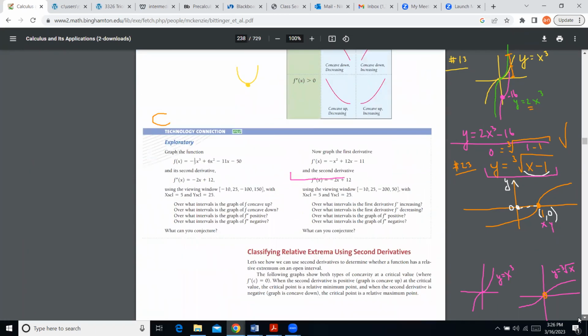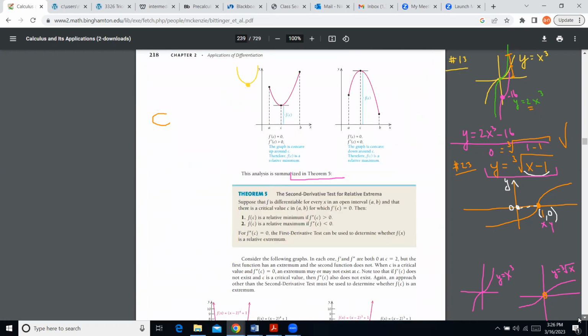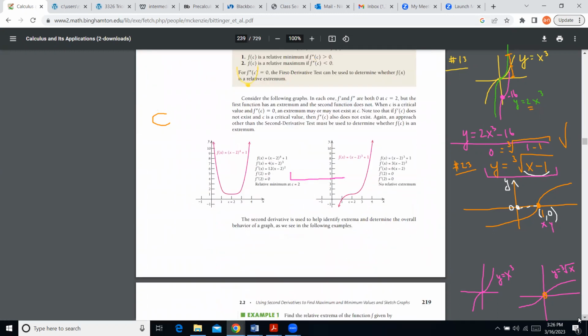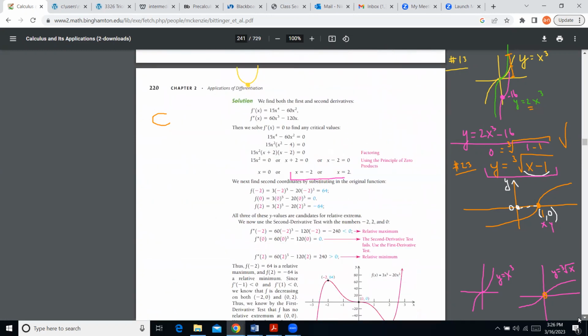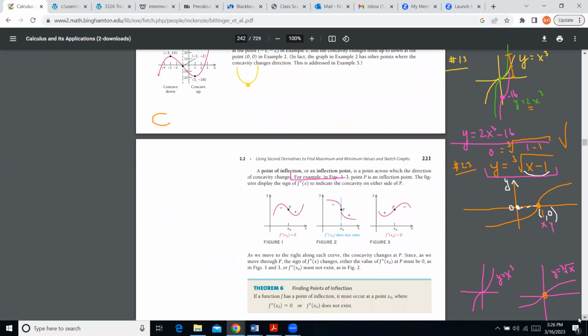So section 2.2 is talking about using the second derivatives in order to get graphs of our functions. So what is this about?